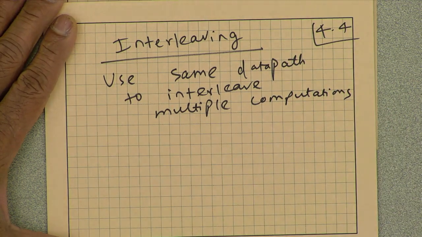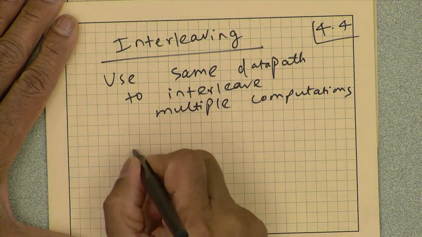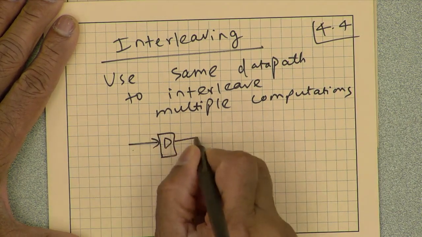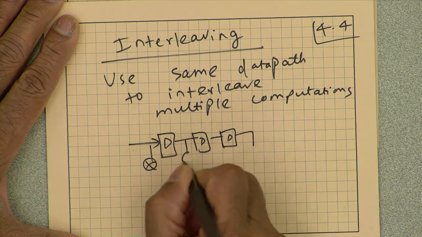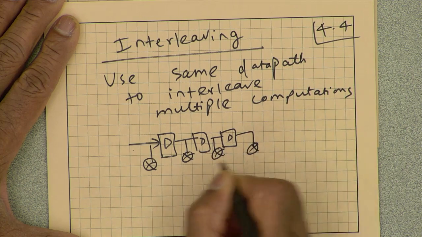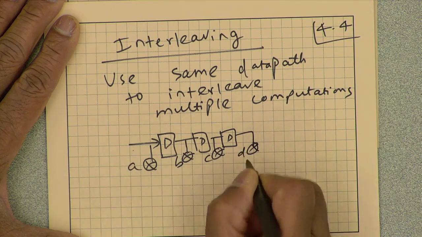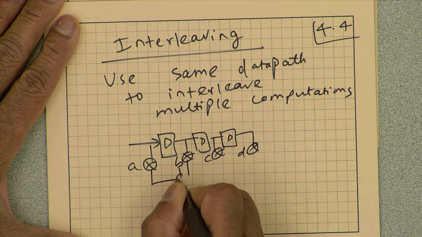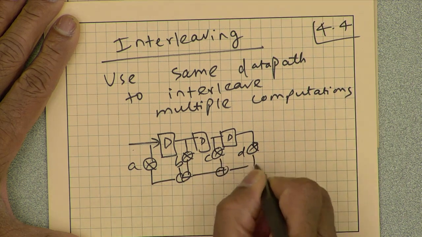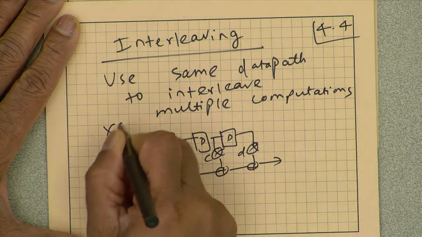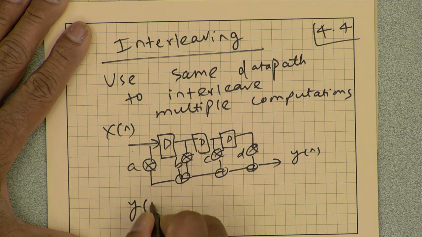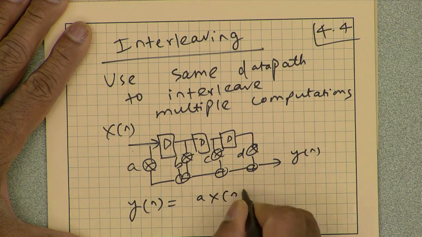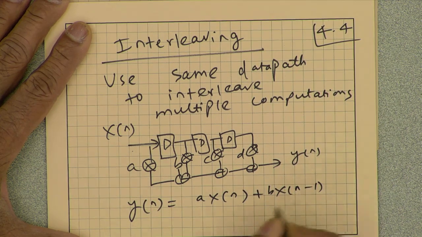Okay, so let's take our 3-tap filter as a simple example. Well, I have 3 delays, it becomes now a 4-tap filter, which is fine. So if I have this data path, we can compute yn is equal to axn plus bxn minus 1 plus cxn minus 2 plus dxn minus 3.